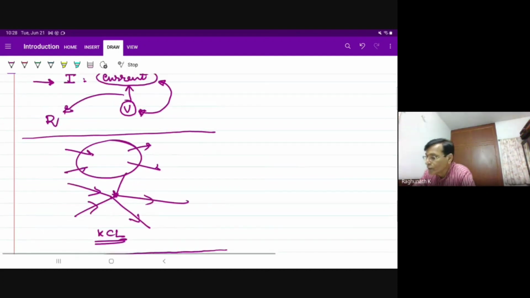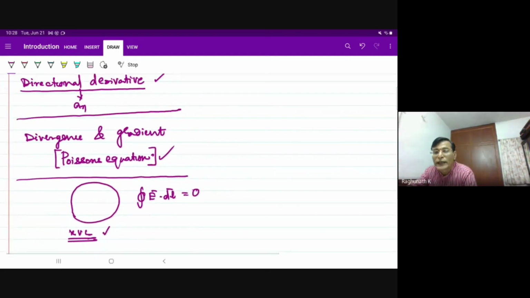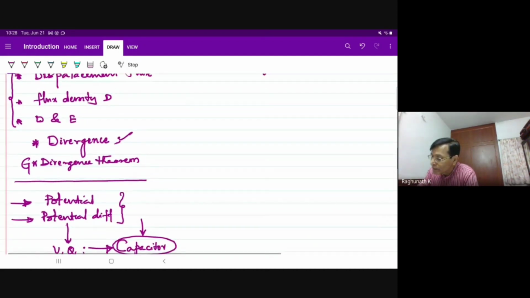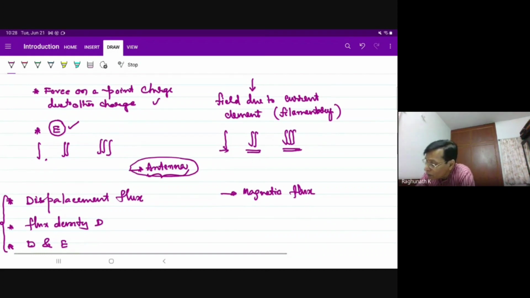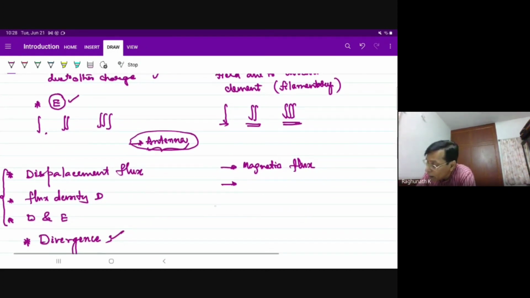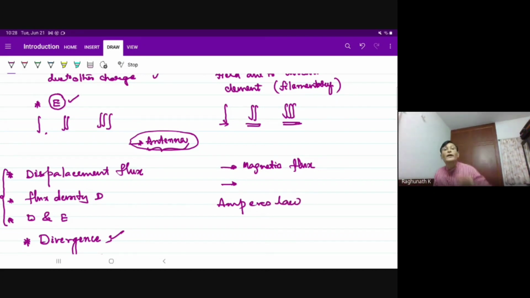Quickly, maybe 5 more minutes, I'll take 10 more minutes. Here, magnetic flux and magnetic field we talk about. Then I'll talk about Ampere's law, like Gauss's law. Ampere's law, like Gauss's law, is stated first and then applied.